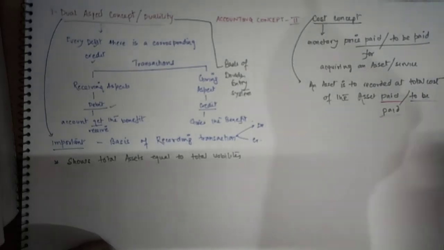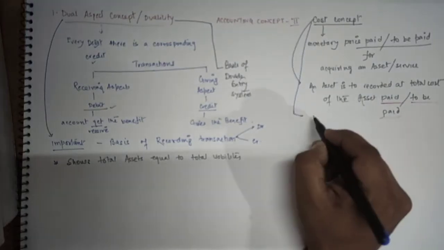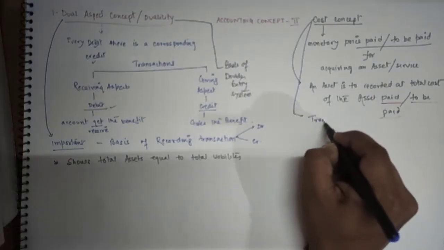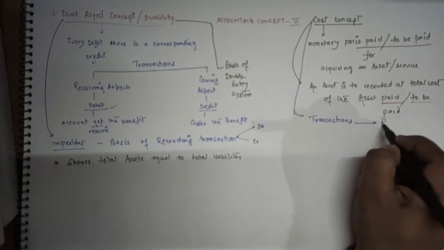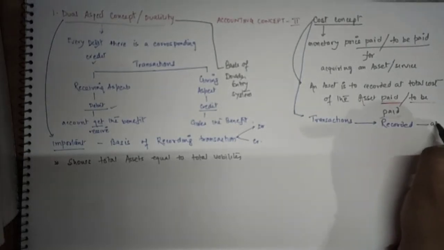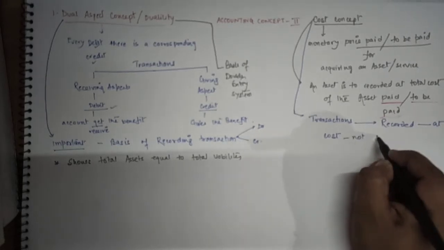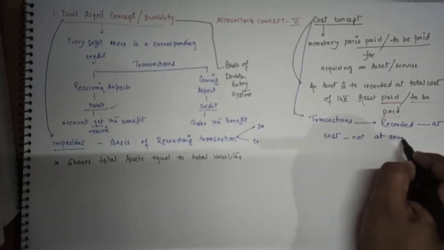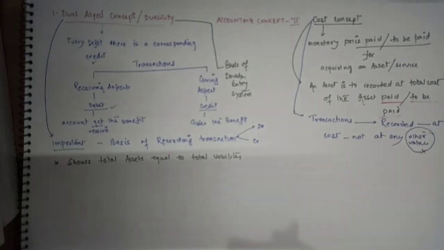The most important point here is paid and to be paid. Clear? Again, in the cost concept, transactions are to be recorded at cost, not at any other value. No other value.